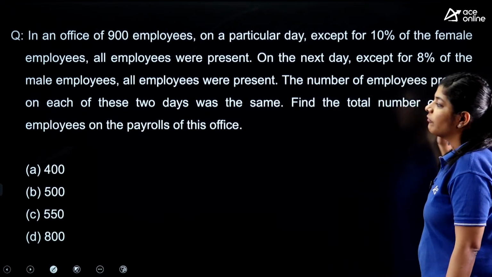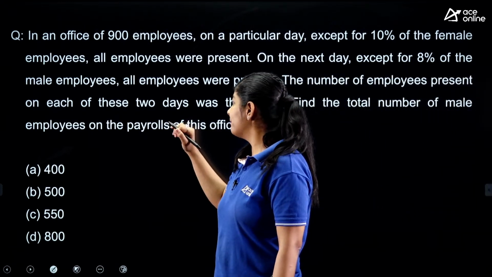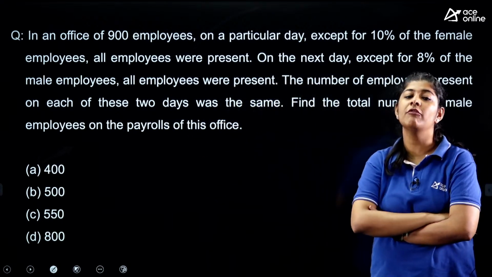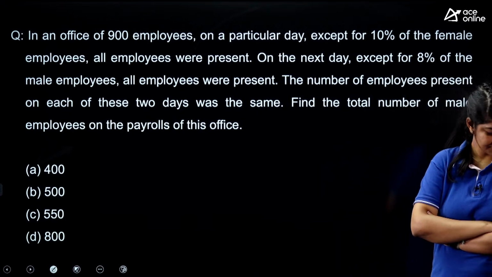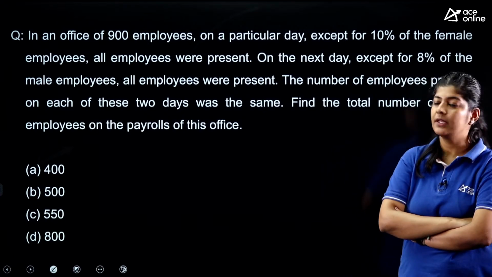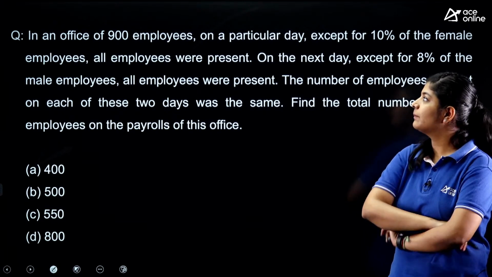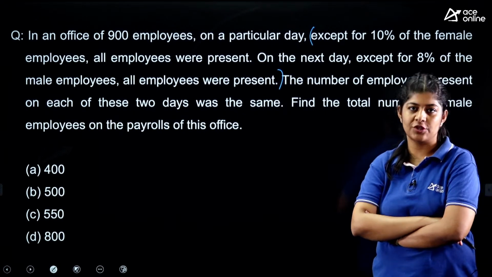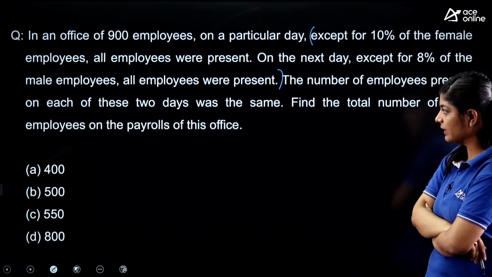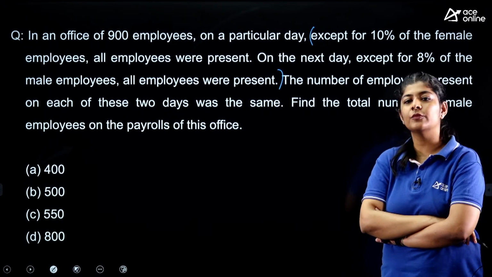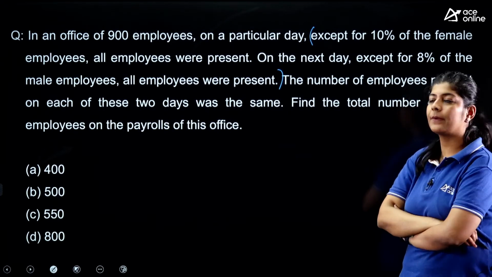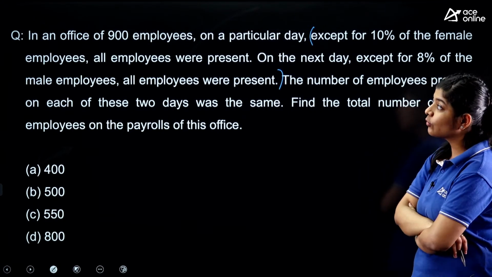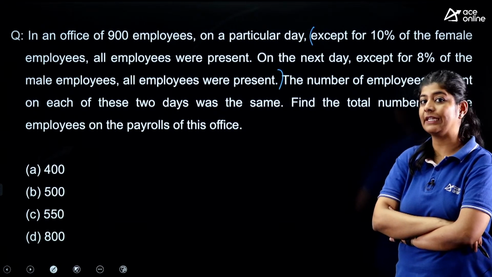Find the total number of male employees on the payroll of this office. What do we need to do? We need to find the number of male employees. With the help of these two lines, you need to figure out the ratio, and with the help of the ratio you can figure out the values. The total number of employees is 900.